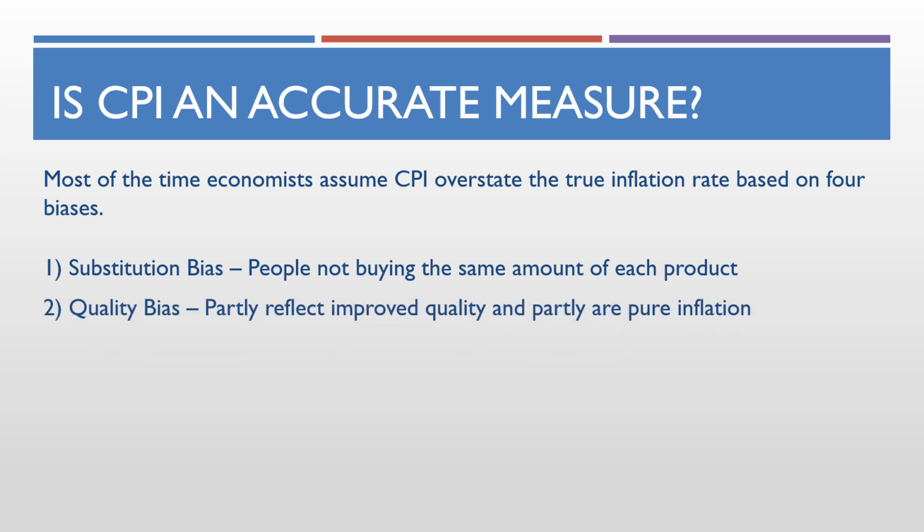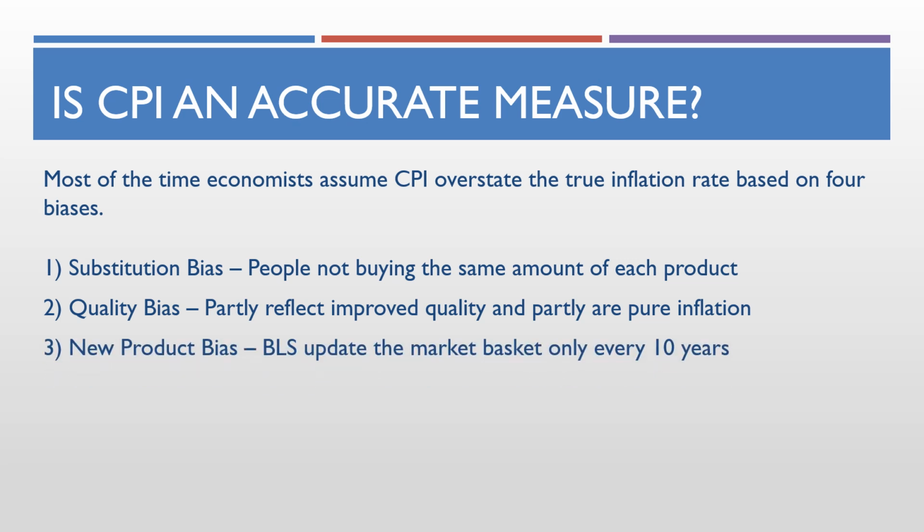Second, the quality bias, right? We purchased a phone in the year 2000, compared to the phone that we purchased in 2022. The quality of the phones is different, but we might be paying the same price for better things. That is the kind of bias that can also overstate the index.